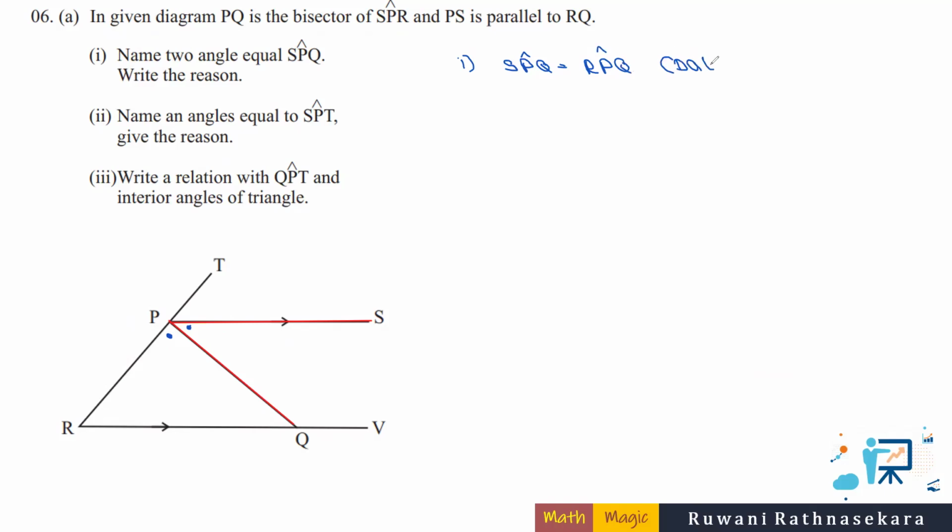That's something given in the question, as PQ is the bisector. There's another angle which becomes equal to SPQ because of the parallelism. Here it is. That is a pair of alternate angles, it is PQR.